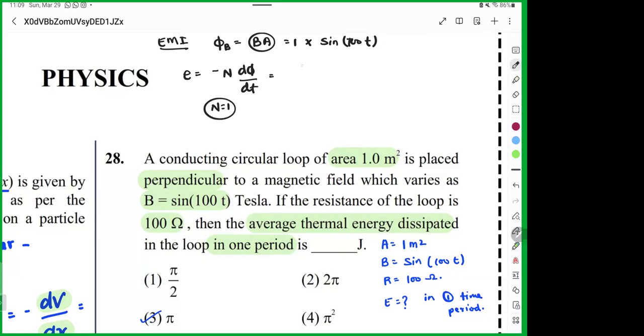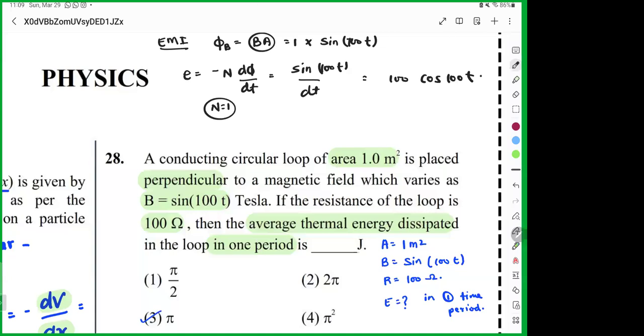D phi means you have to differentiate it. So sine differentiation divided by dt. What is the differentiation of sine? Cos. Differentiation of sine is cos. This is cos 100t. Any doubt?